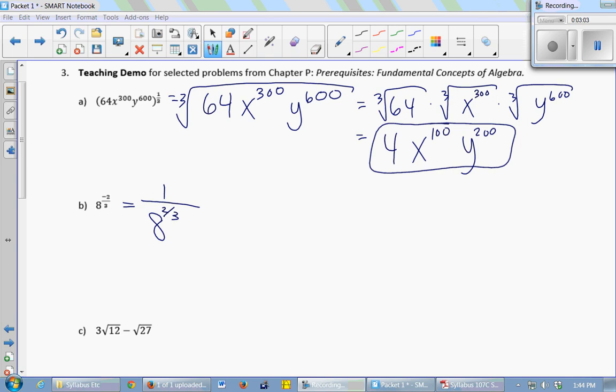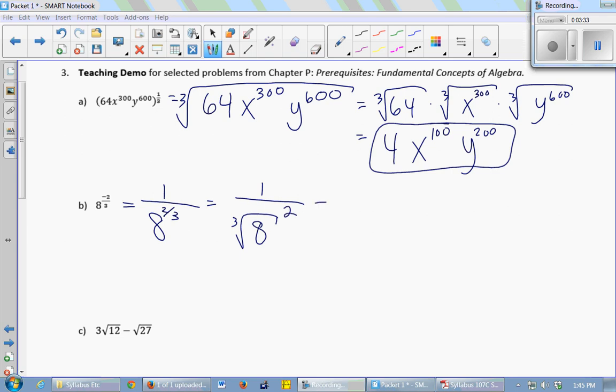All right, so the 2/3 exponent, 2 is the power and 3 is the root, right? Because roots belong in the cellar. Anybody heard that before? Okay, so the 3 is in the cellar, in the bottom of the fraction, so it's a root. All right, so this is 1 over, and you can do the root and the power in either order. I like to do the cube root first for this one because I happen to know the cube root of 8 off the top of my head is 2.